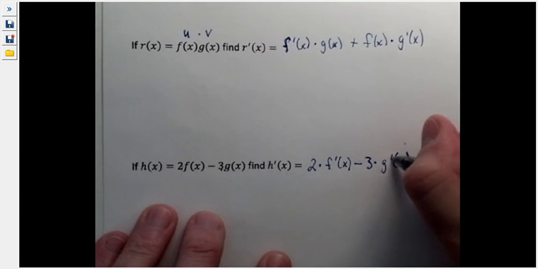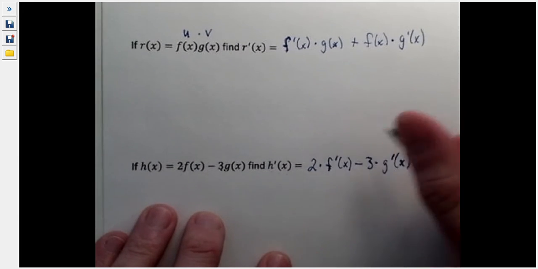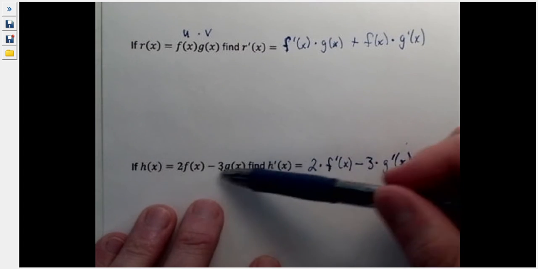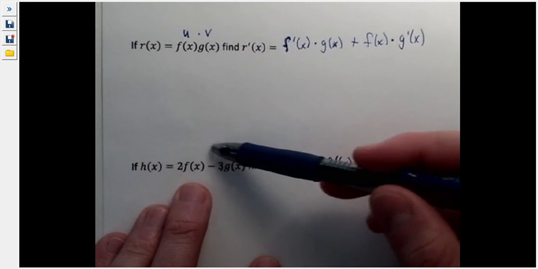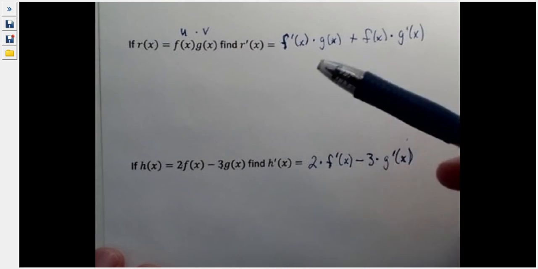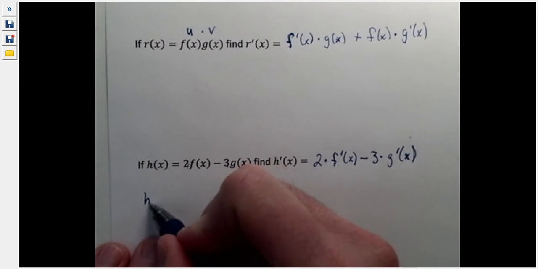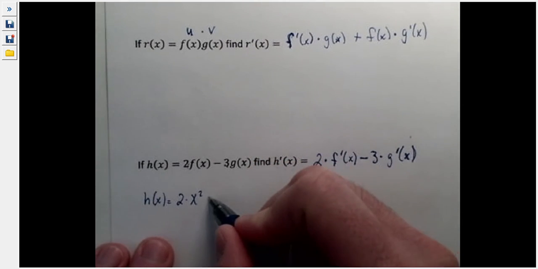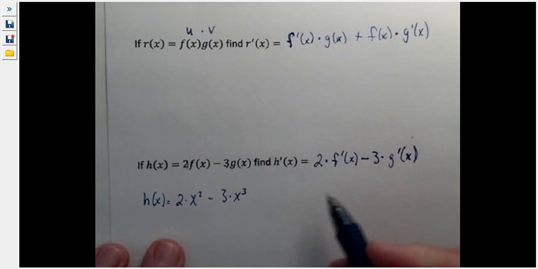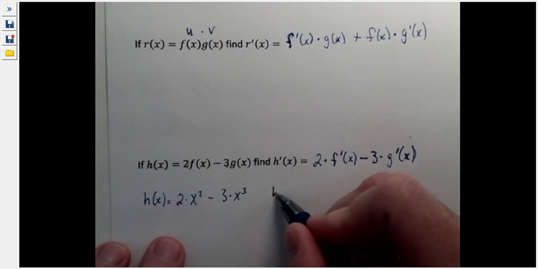Okay? So often we'll take the derivative of actual functions. Sometimes we just take them as derivatives of f of x and g of x. It wouldn't be any different as if I had said, okay, h of x is 2 times x squared minus 3 times x cubed. Would you have taken the derivative any different?